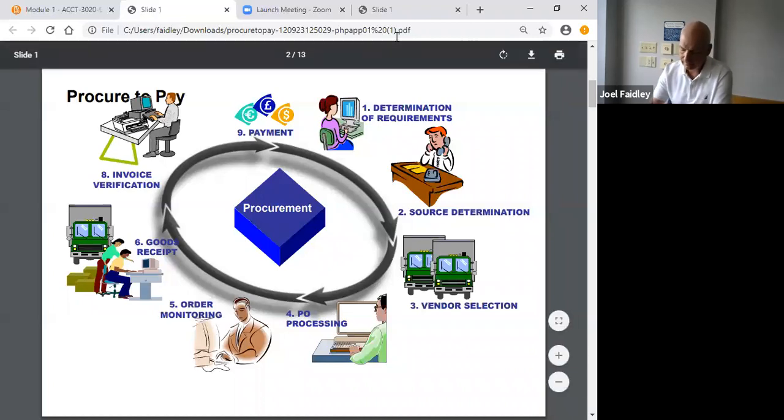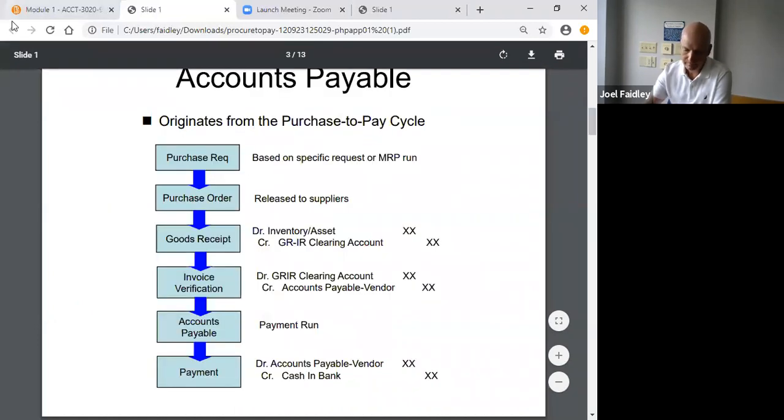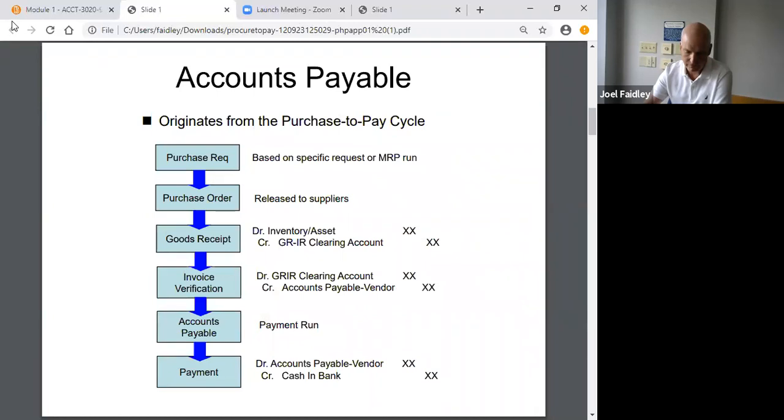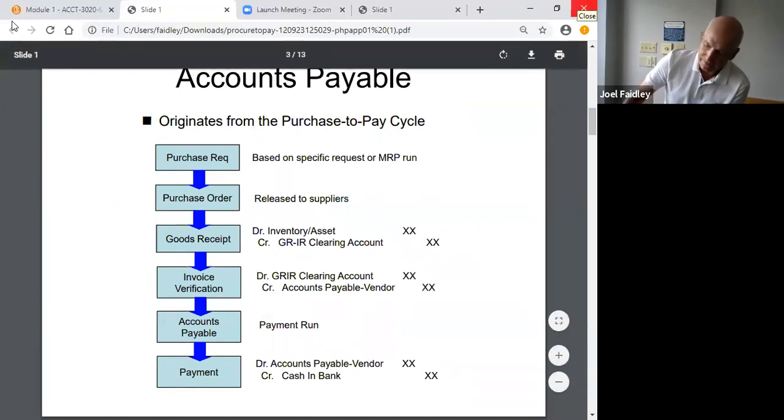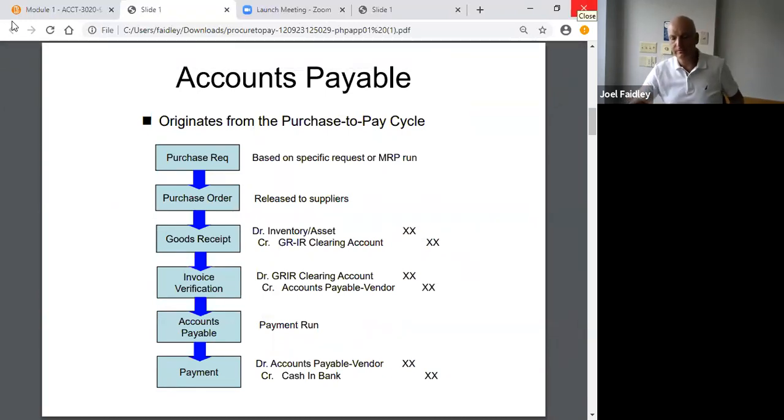So let's look at this next slide, maybe. Let me delete all of my boxes off of here, or my circles. All right, SAP does a very good job here of showing the process. So what is a purchase requisition? That's when someone decides they need to purchase something.